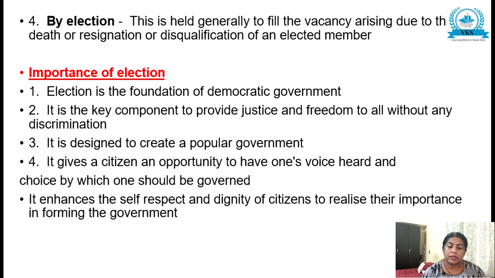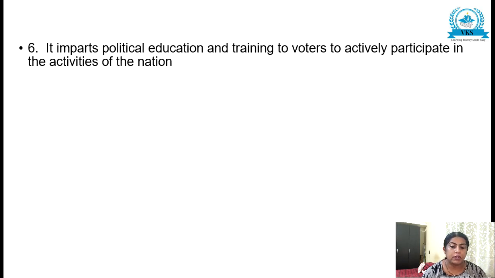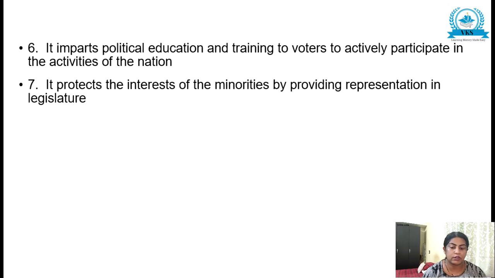It enhances the self-respect and dignity of citizens to realize their importance in forming the government. It is the barometer of democracy and serves as a forum for discussion of public issues and facilitates the expression of public opinion. It imparts political education and training to voters to actively participate in the activities of the nation.